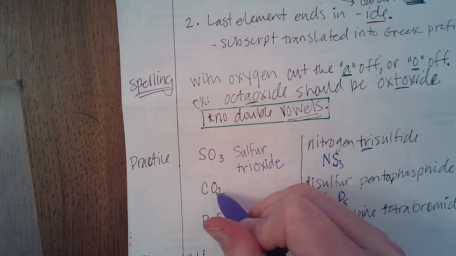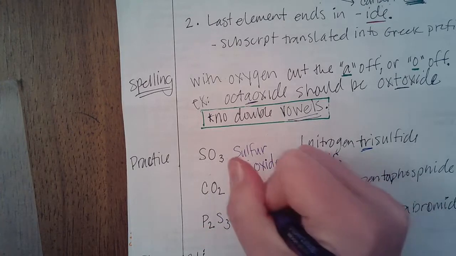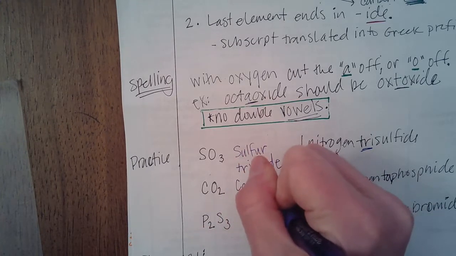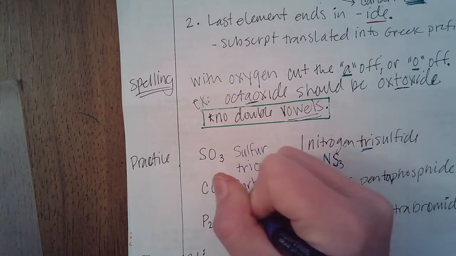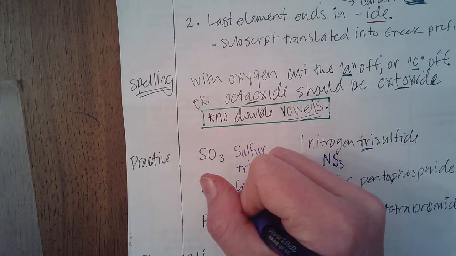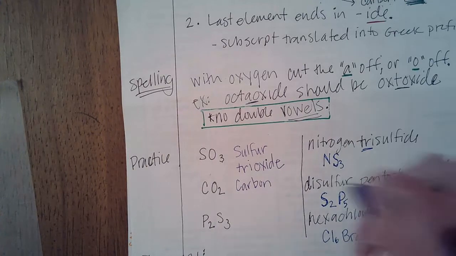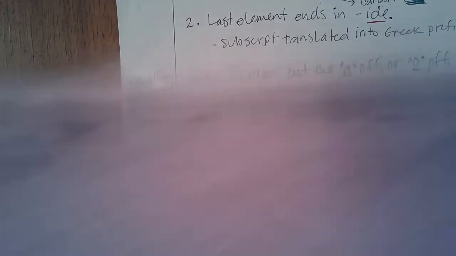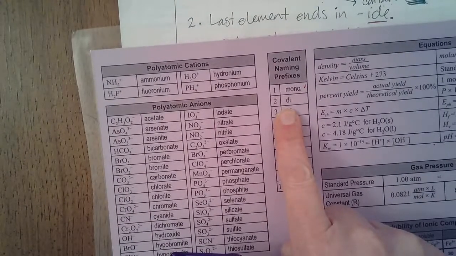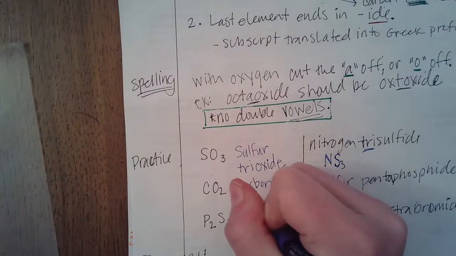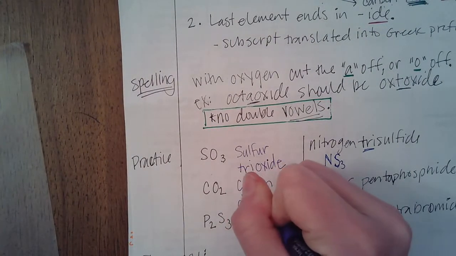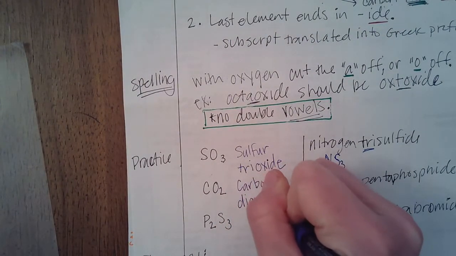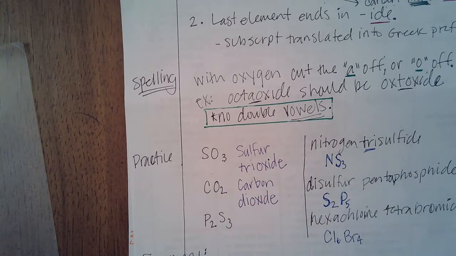And then again here, C is going to be carbon. And we have the 2 oxygens. So this would be di, and then oxide.